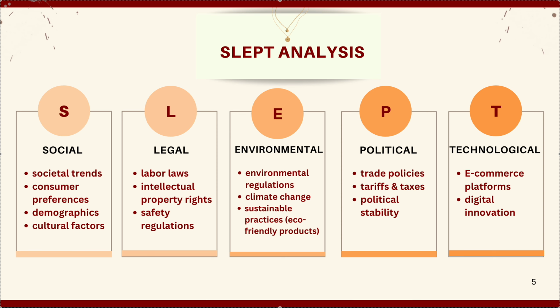Legally, it includes the labor laws and intellectual property rights like trademark and copyright rules. Environmentally, the company must follow the environmental regulations and sustainable practices. Politically, there are trade policies, tax and tariffs.